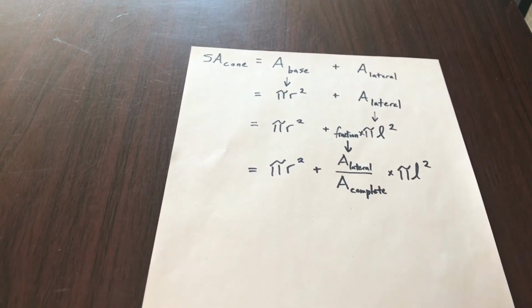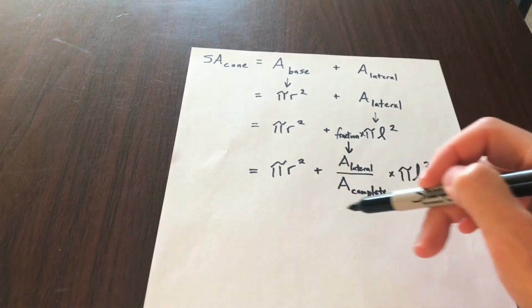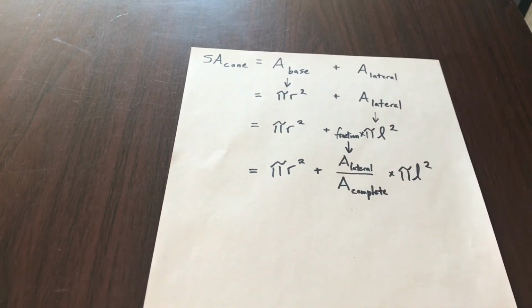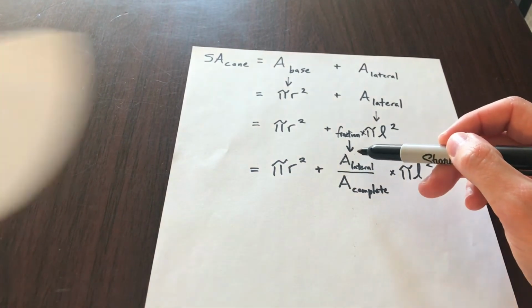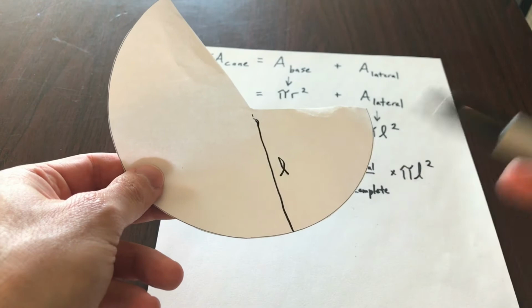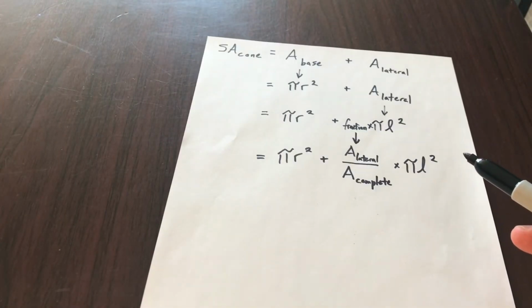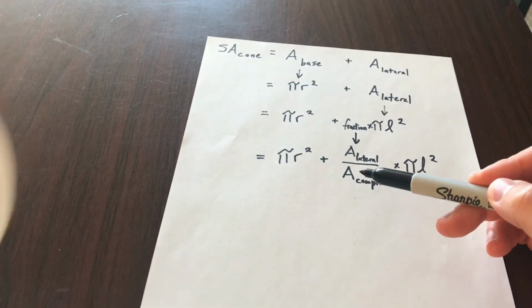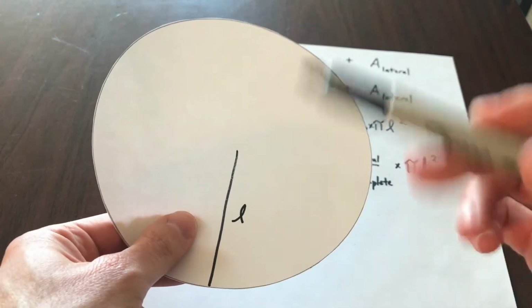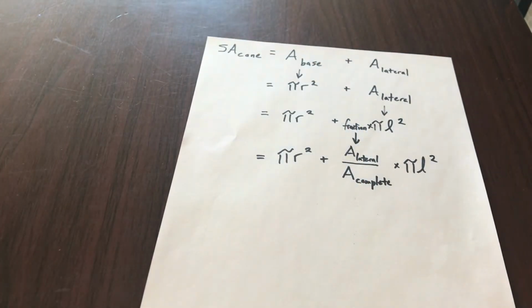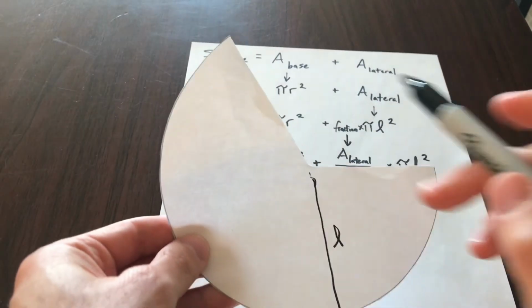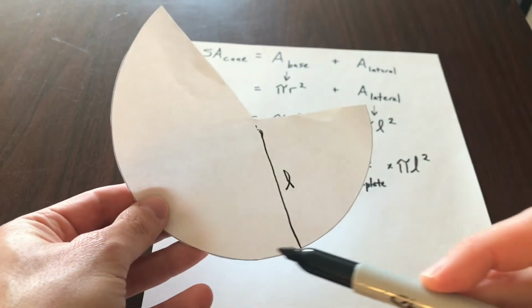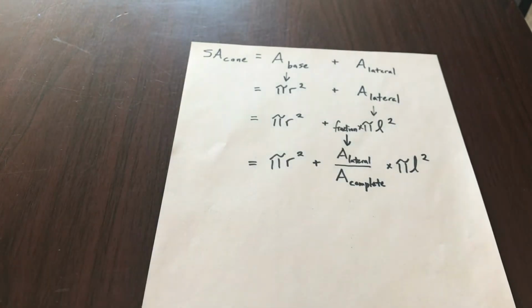We're going to write this whole fraction in a different way by noticing that the ratio of this area to this area is the same as the ratio of this perimeter to this perimeter.